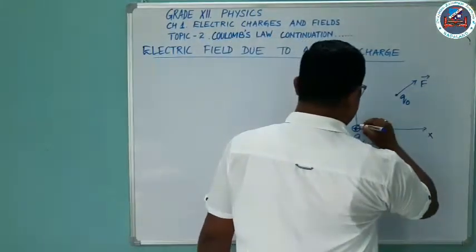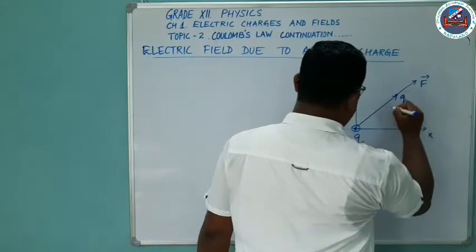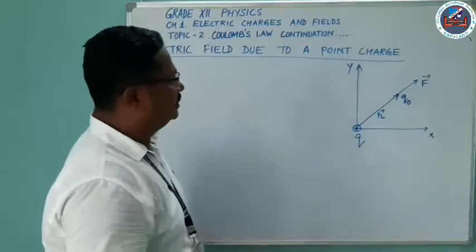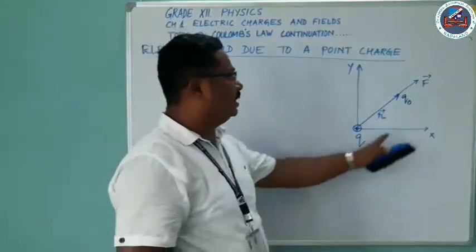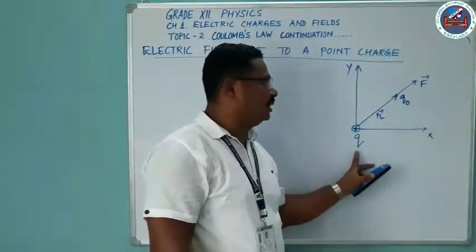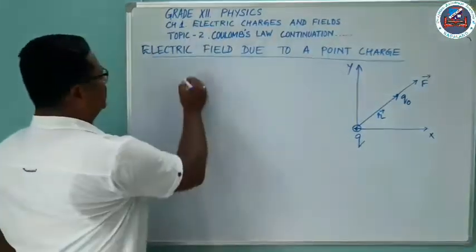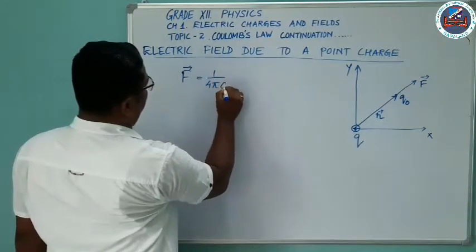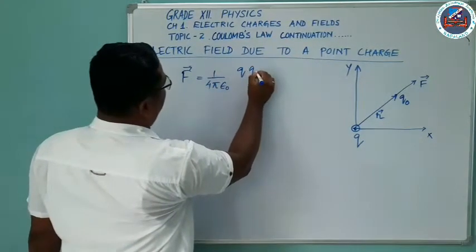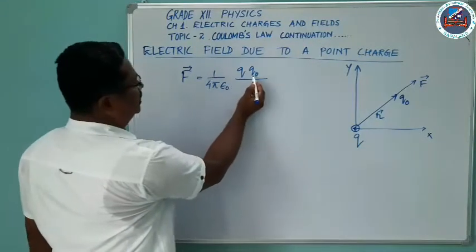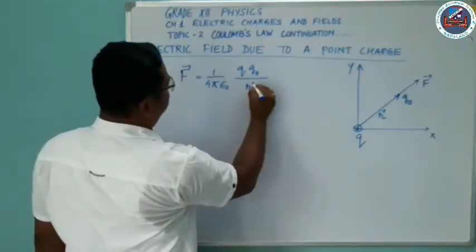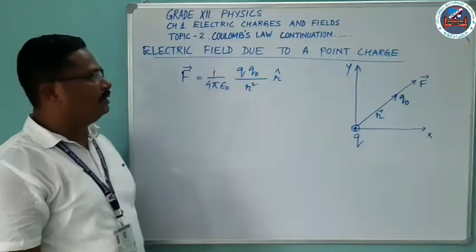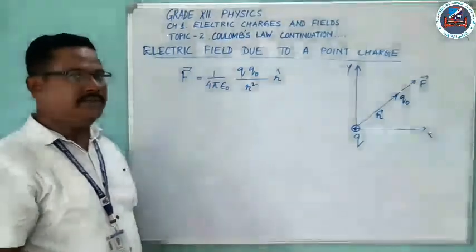So for the unit test charge, if I draw the position vector R, then the force experienced by Q naught due to the presence of Q can be written, using Coulomb's law, as 1 by 4 pi epsilon naught times Q Q naught, the product of the two charges, divided by distance square, and in terms of unit vector, r cap here.